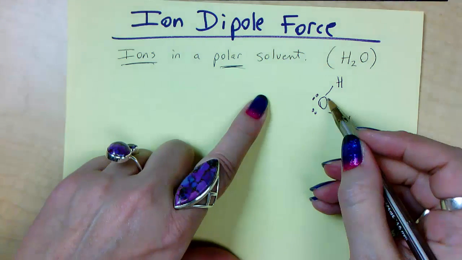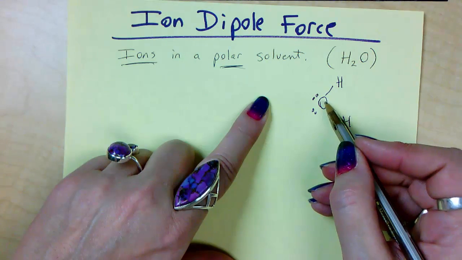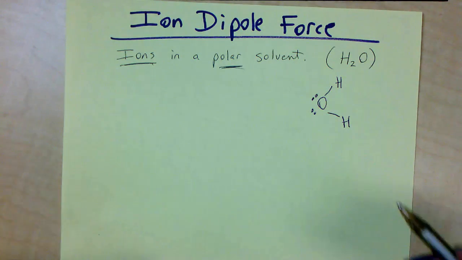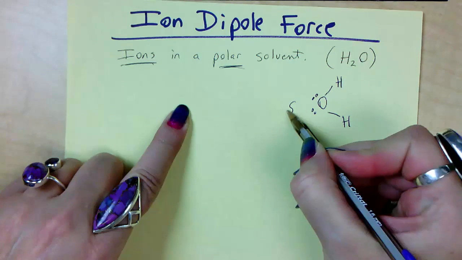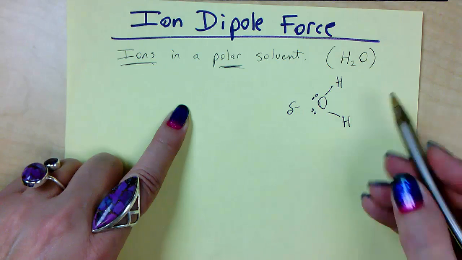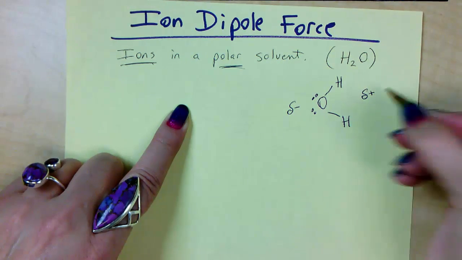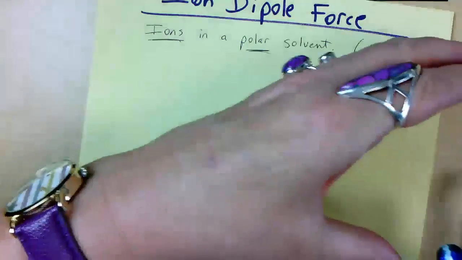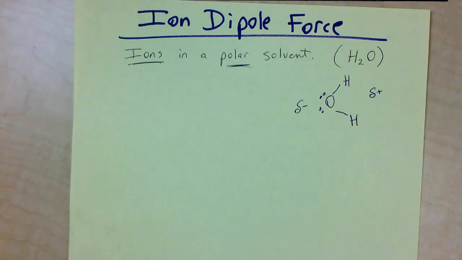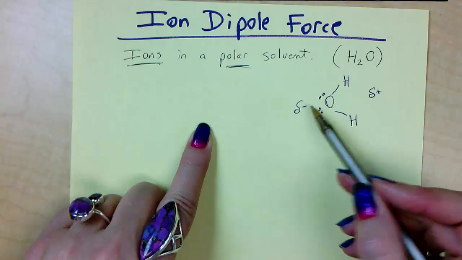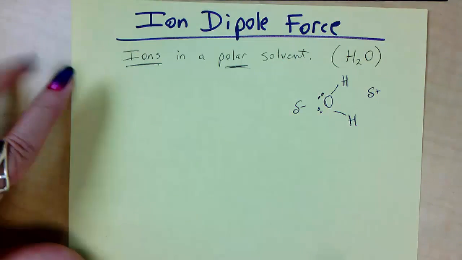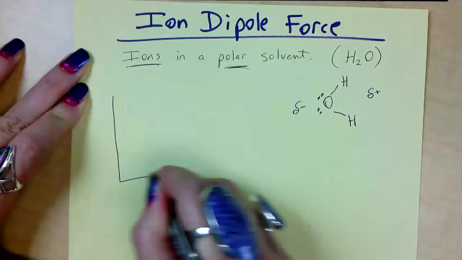The oxygen is more electronegative than hydrogen, so it pulls the electrons closer in the bond, making the oxygen a little bit minus, so we have delta minus, and the hydrogen side is a little bit positive because the electrons are being pulled towards the oxygen, not the hydrogen. So we have two poles, like a magnet, north and south pole, plus and minus pole, dipole, polar solvent.